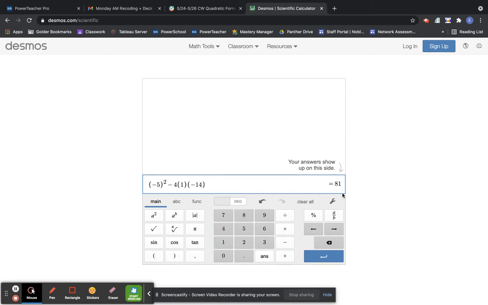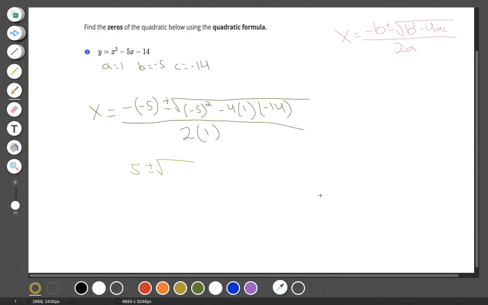And what do we get? 81. So we put in all of that underneath the radical, and we got 81. Go back and watch that again if that was confusing. All over 2 times 1, which is 2.